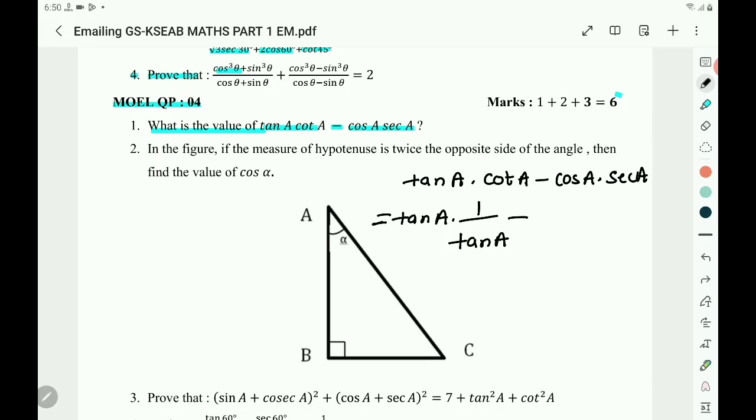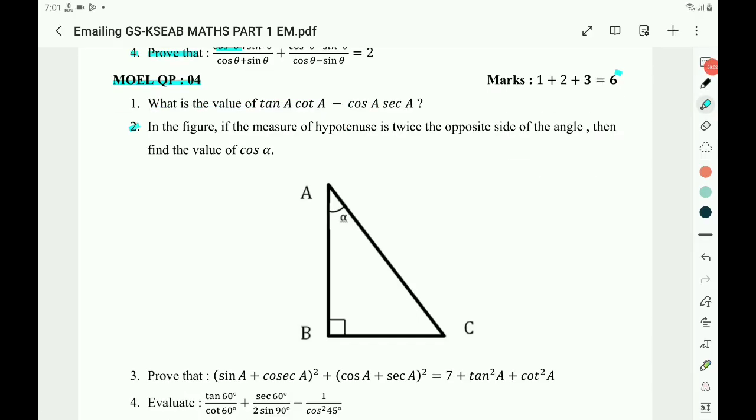Write cos A as it is. Secant A is 1 by cos A. Then you can cancel these two. Here these two. So here 1 minus 1, which is equals to 0. Therefore, tan A into cot A minus cos A into sec A is equals to 0.